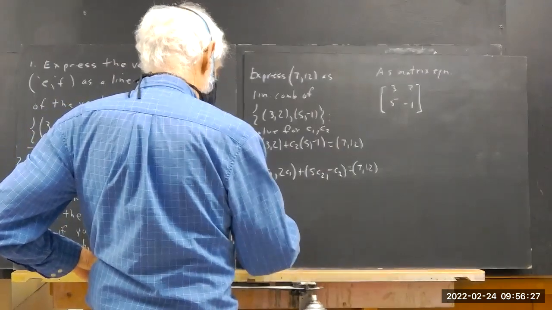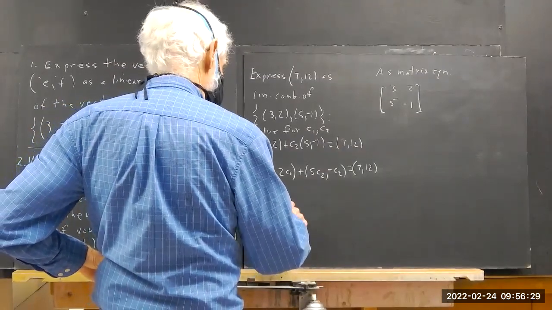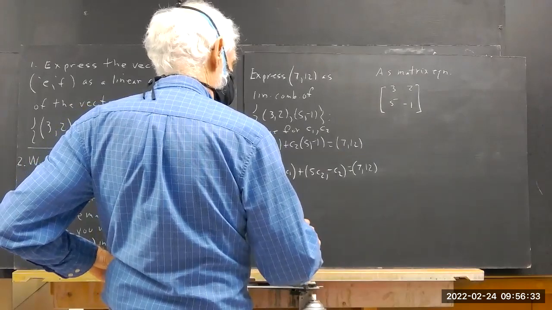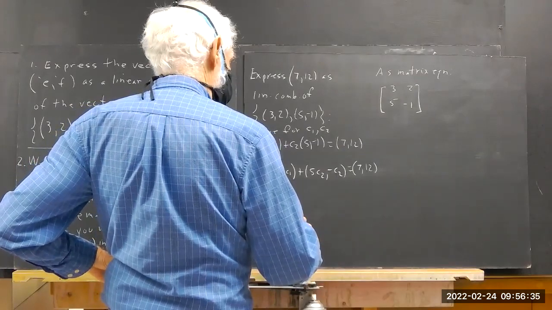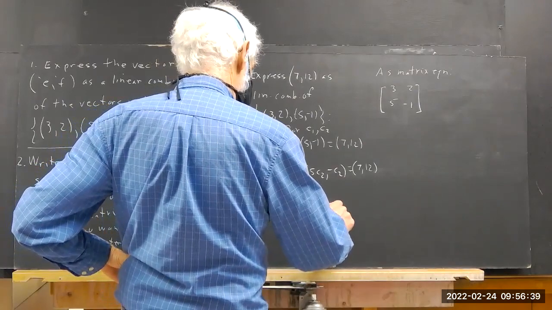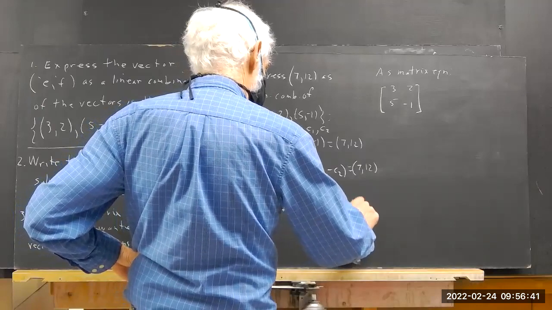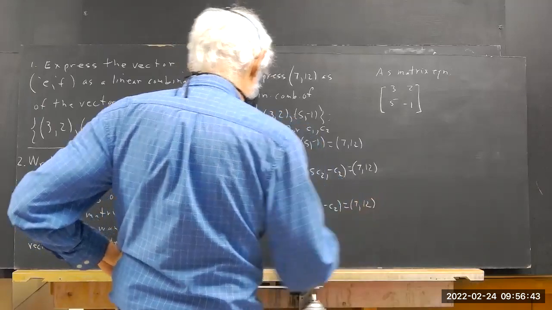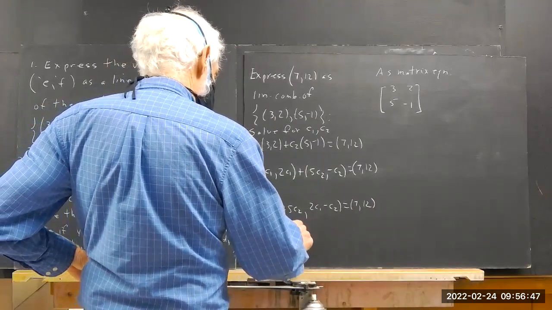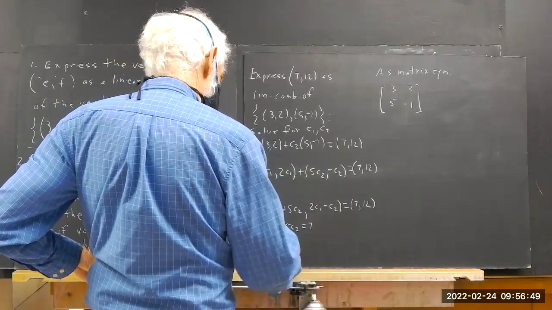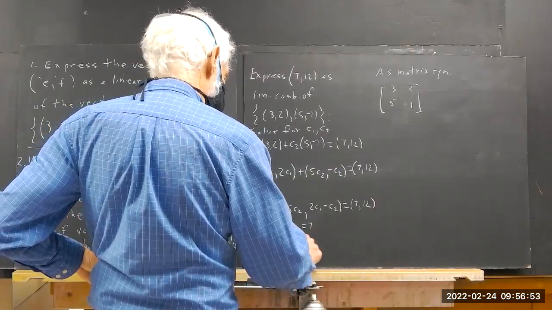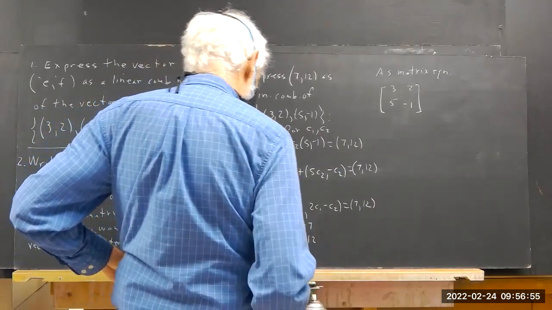Okay, well, let's write it out, then. And we get this, so that 3C1 plus 5C2 equals 7, and 2C1 minus C2 equals 12.